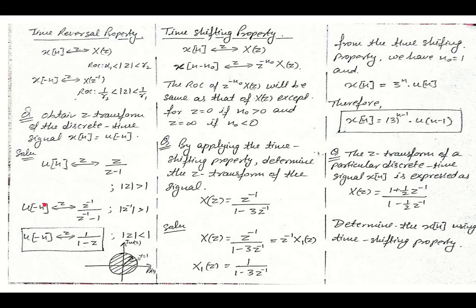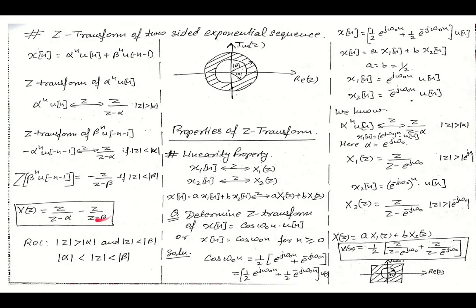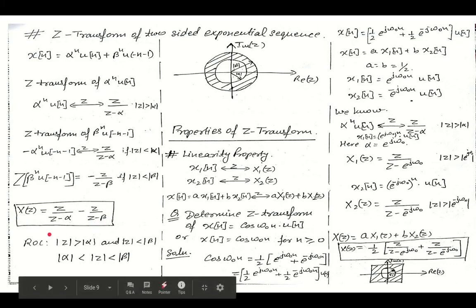So my entire z transform will be z upon z minus alpha minus z upon z minus beta. Now the ROC, as we can see, is mod z greater than alpha and mod z less than beta.